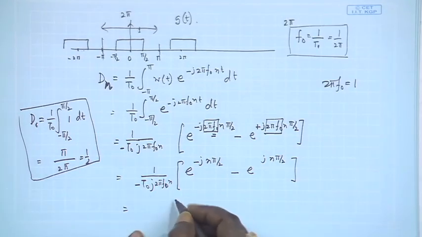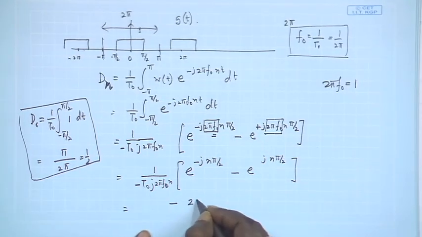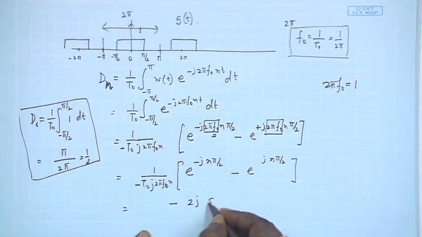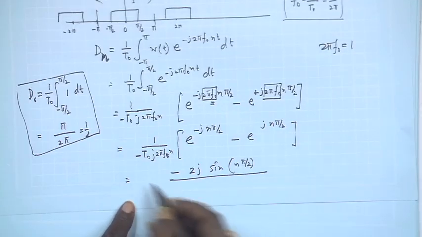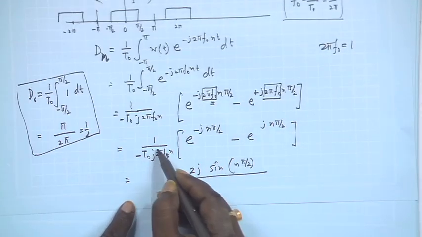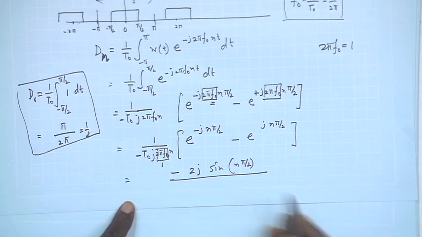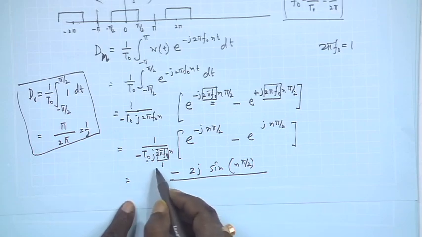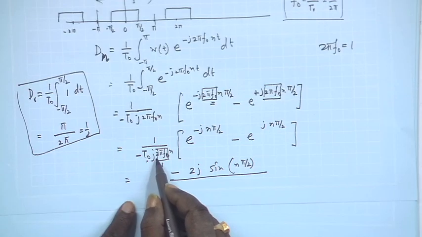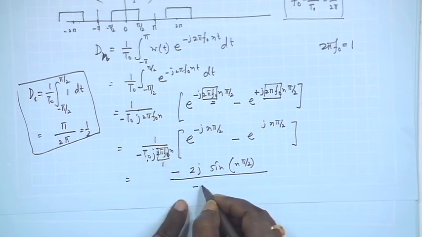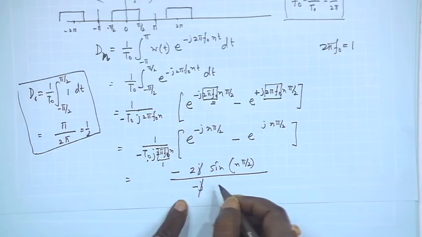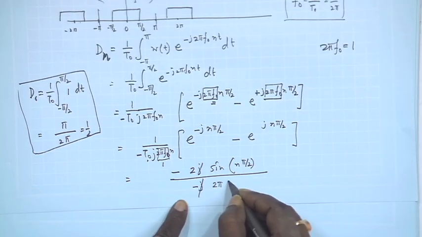So it becomes minus 2j sin n pi by 2. And then again you have this becomes 1, T0 is 2 pi, and so basically minus j is already there, which gets cancelled, T0 is 2 pi and n.